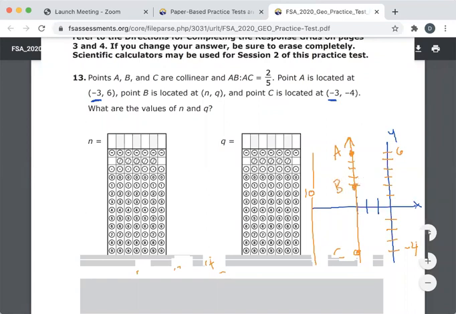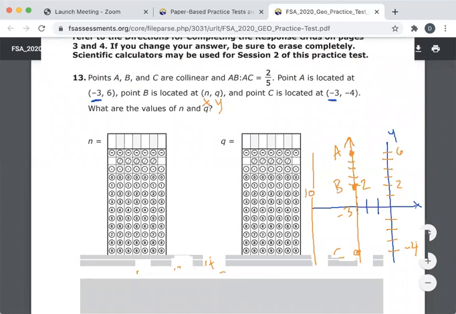So B is at 2. Well, the y value of B is 2 and the x value is -3. So they put N and Q for B. N is X and Q is Y. Let's not get these mixed up, because if you switch them by accident and put the wrong value in, you would get it wrong.